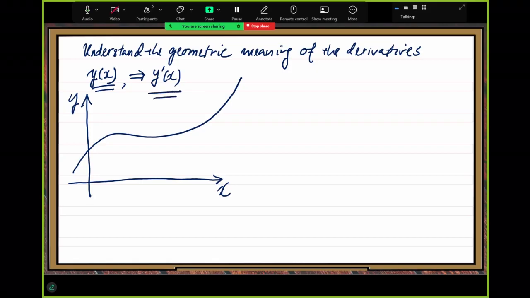Because here we need to look at the meaning of the derivative. Given a function, we cannot say its derivative always exists everywhere, right?